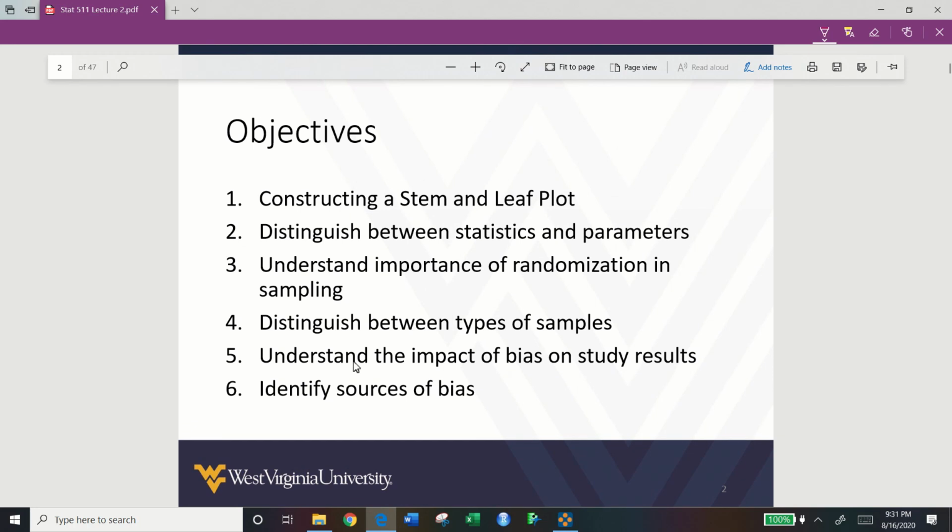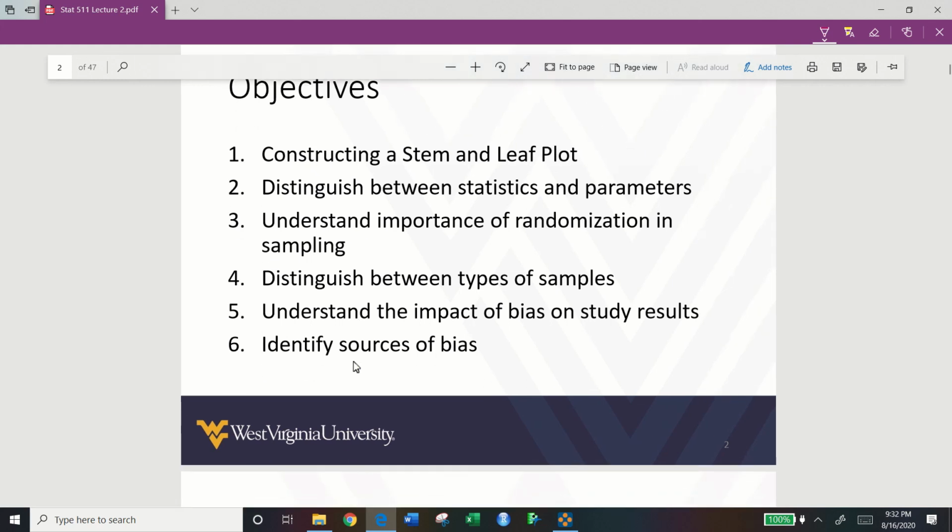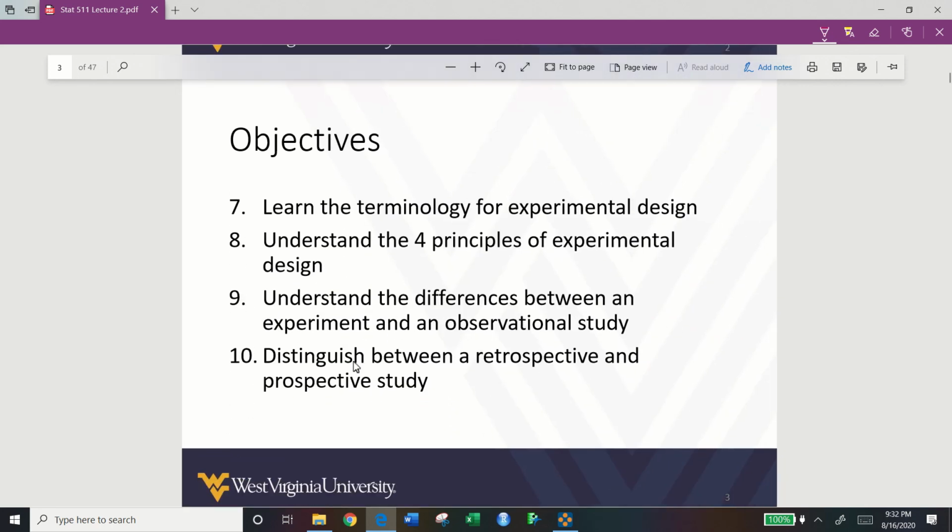We started off by constructing a stem and leaf plot. Check. We distinguished between a statistic and a parameter. Remember, statistics are from samples, parameters are from the population. We learned the importance of randomization, which helps eliminate bias. We distinguished between the different types of sampling. We understood the impact of bias on study results. We identified sources of bias.